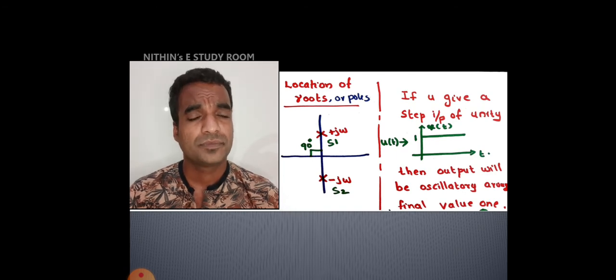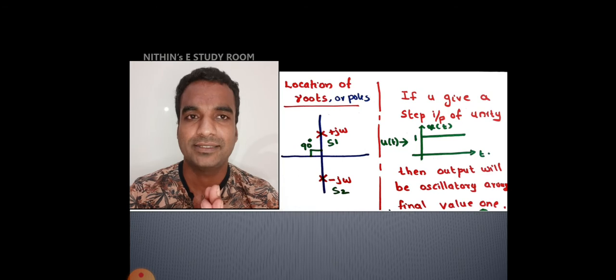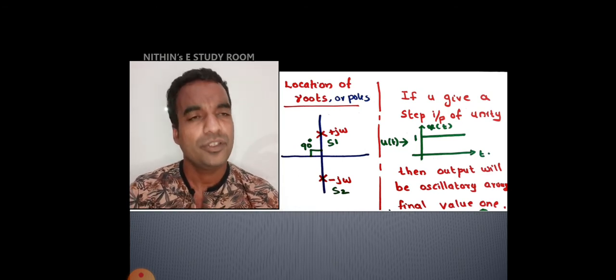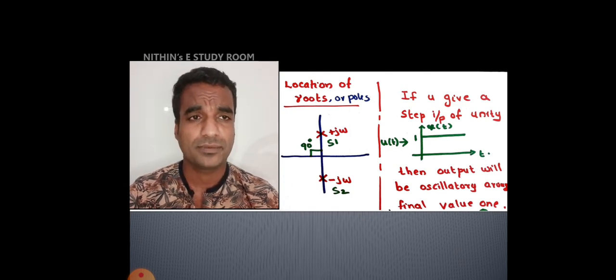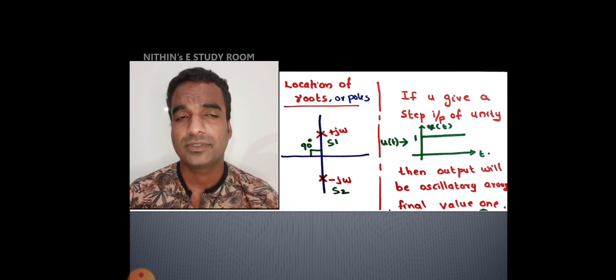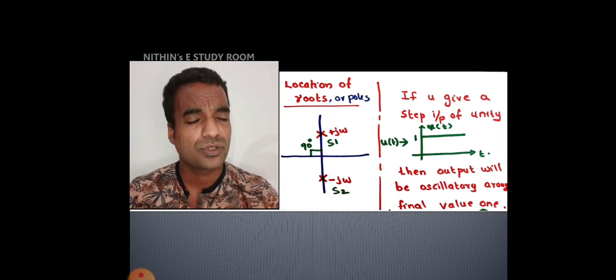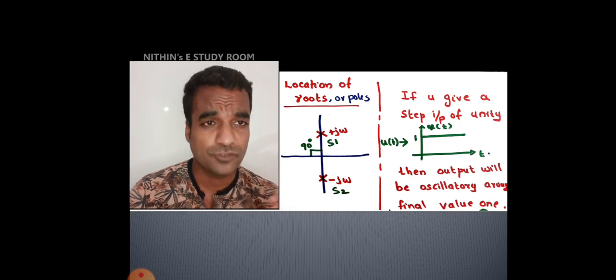So what is the issue? If the poles are exactly on the imaginary axis, such a system is known as a marginally stable system. If you are giving some step input, its output is somewhat bounded. We discussed stability from location of poles in a previous class, I think the 8th or 9th lecture.